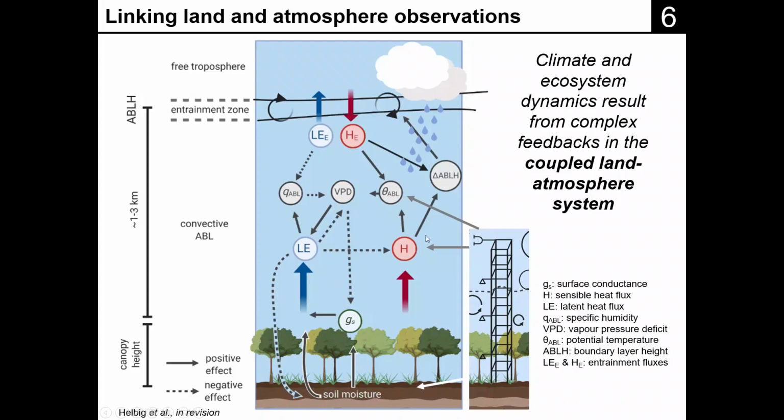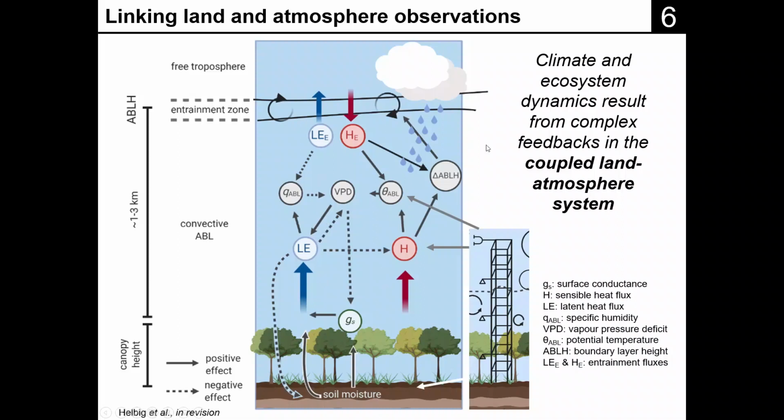And then we measure the surface fluxes, in this case sensible heat flux and latent heat flux. And then we measure air temperature and humidity within the surface layer. So we have information about quite a few variables, and we can diagnose feedbacks between these processes.